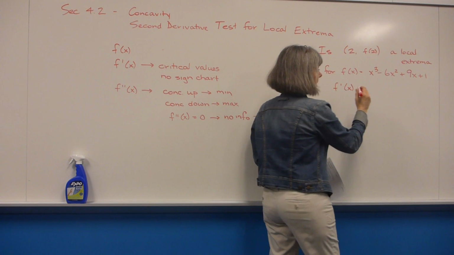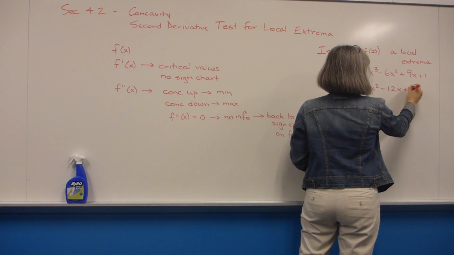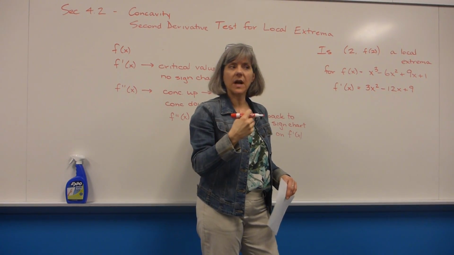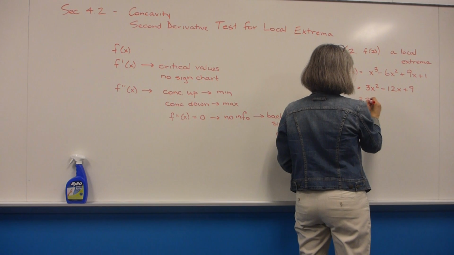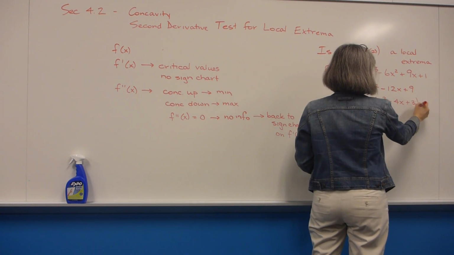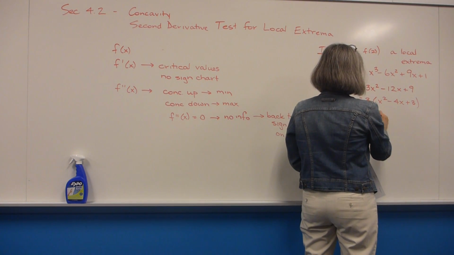This is an easy one. 3x squared minus 12x plus 9. This is a good reminder that when you're factoring, always factor out common factors first. So I'm going to pull out that 3. x squared minus 4x plus 3.